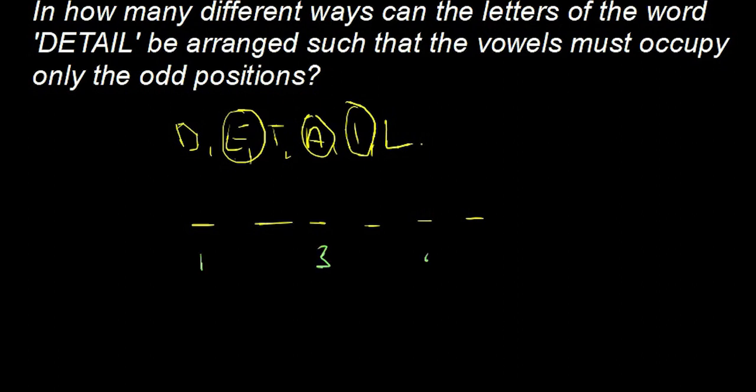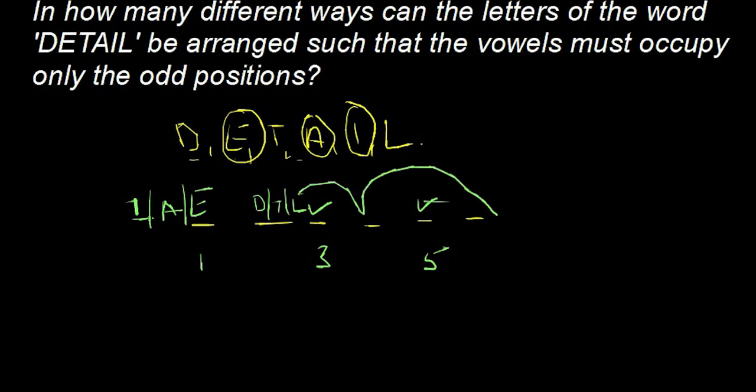So you can say that either E is there, or A is there, or I is there. Same stands with this case. So obviously the remaining letters are D, T, L. So D could be there, T could be there, and L could be there, obviously on these places. Now in how many ways can you put these on the first place?